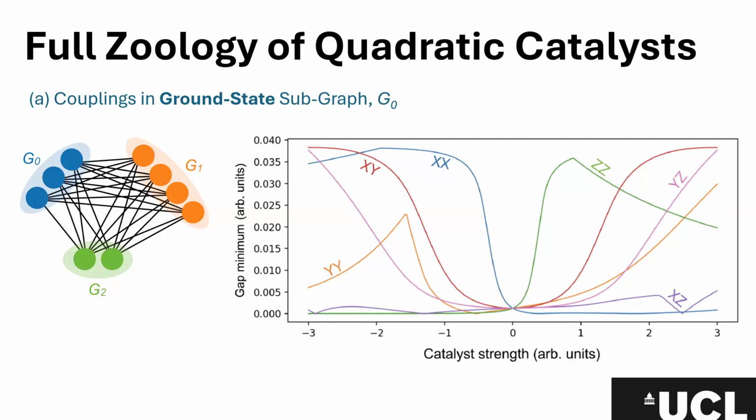Certainly the XX interaction does match very well with the perturbative analysis, and that's backed up by the numerics. But in other cases, not so much. I agree. Thank you. We have time for one more question.